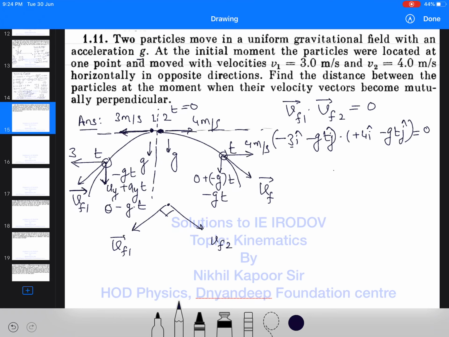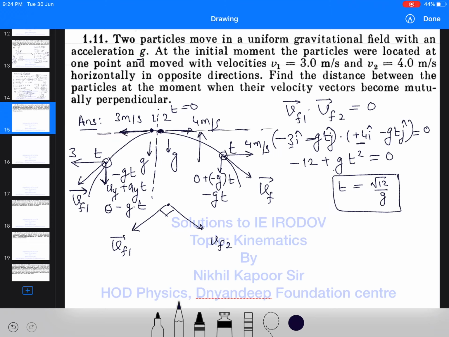I forgot to write j cap earlier. Now let's multiply. By doing the dot product, minus 3 into 4 will be minus 12, minus gt into minus gt will be plus g squared t squared, equal to 0, and you will get t equal to under root 12 upon g. So we have got the time instant.